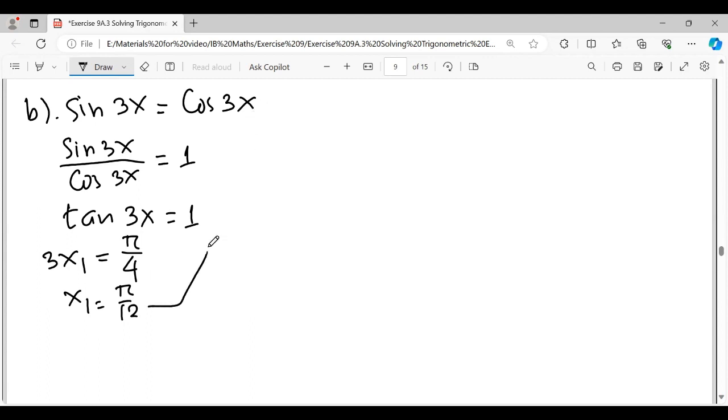I'm going to move to this space. Okay, so 3x2 equals 5 over 4 pi. So the second x is 5 over 12 pi.